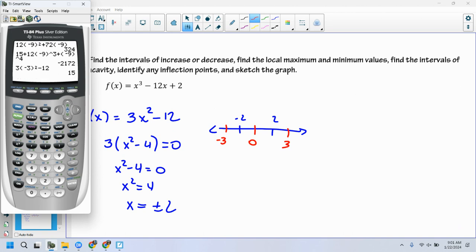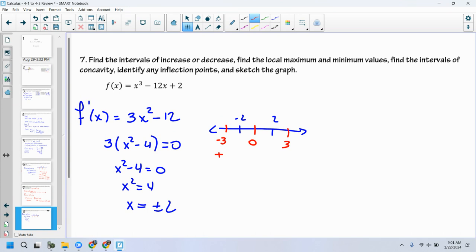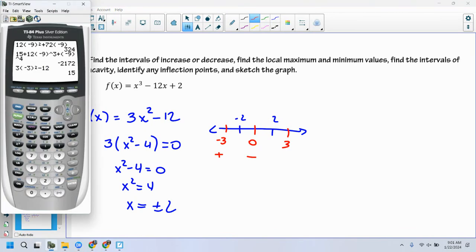It comes out positive. I'm guessing 0 comes out negative. Let's check. Yep. Negative 12. Let's say 3 times 0 squared is 0 minus 12 is negative 12. Now, if we plug in 3 here, let's think smarter, not harder. That's going to be the same thing as negative 3, right? Because I square it. So that's going to still be the same thing that I got, which was 15 positive.